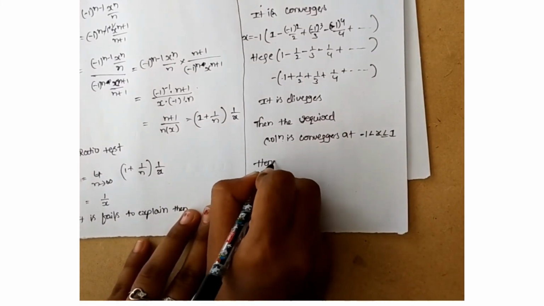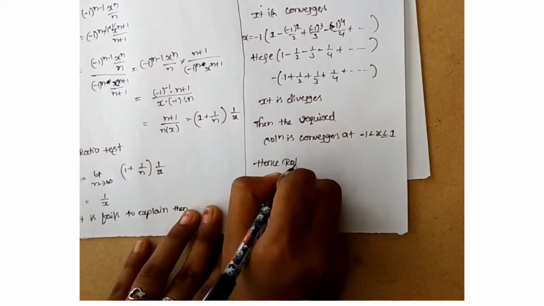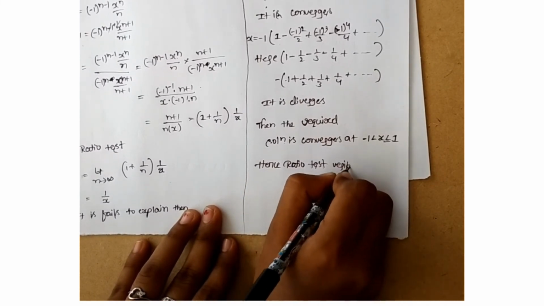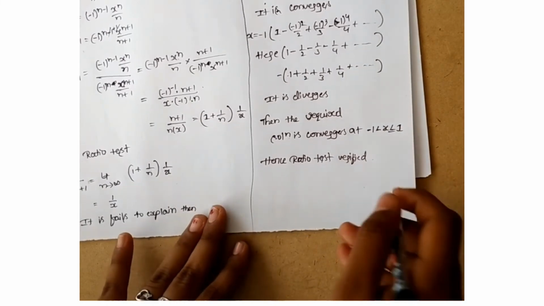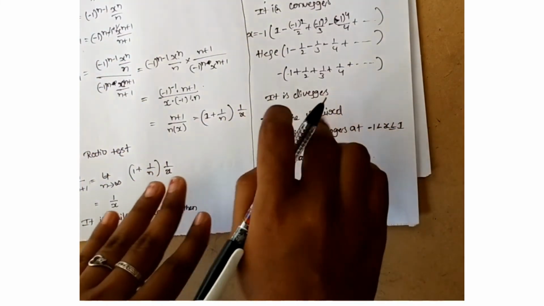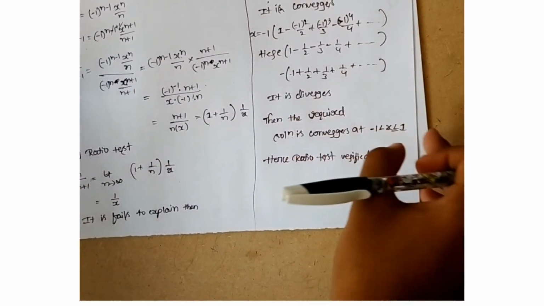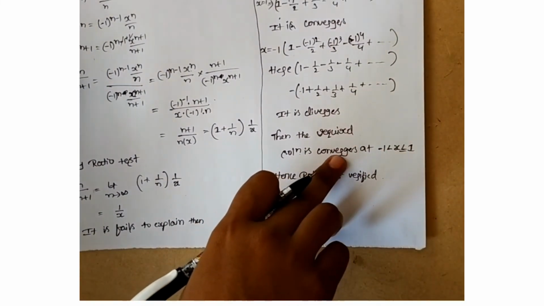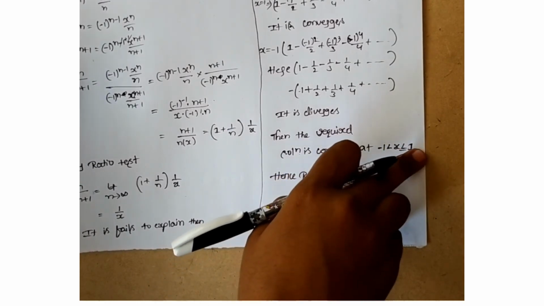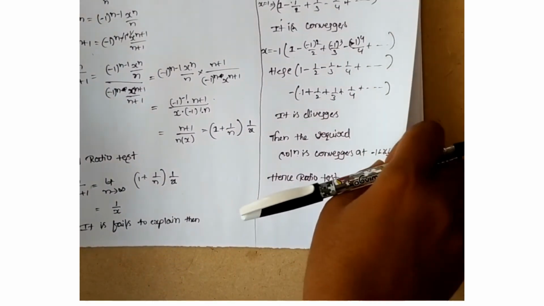Hence, ratio test verified. Here we required one that converges and also one that diverges. The required solution converges at the point -1 less than x less than or equal to 1. It converges.